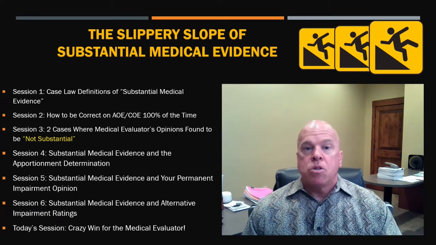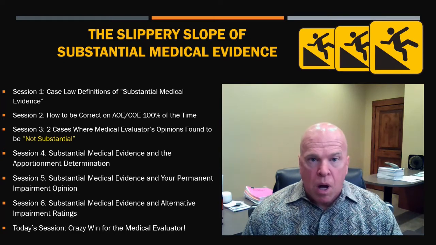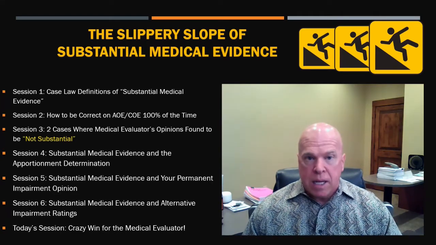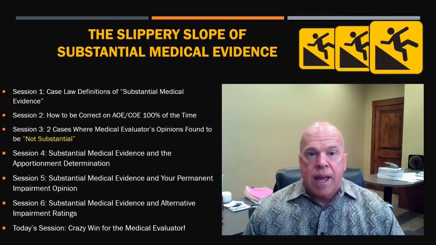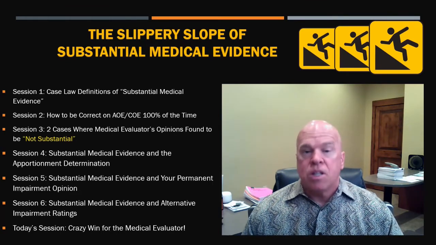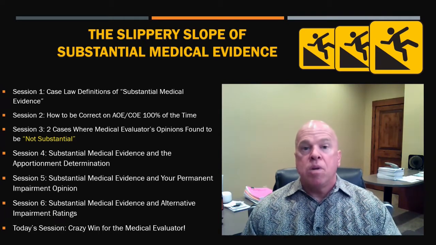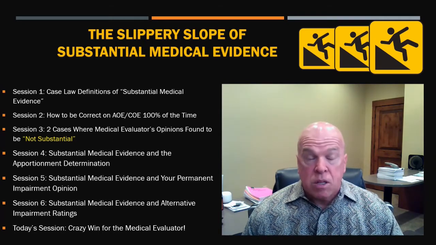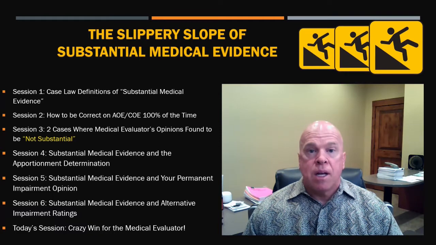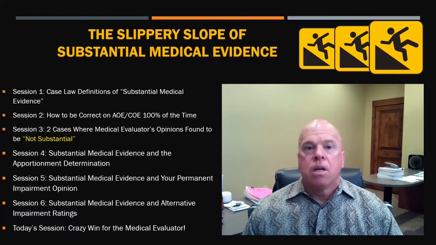So number 1, substantial opinions are based upon reasonable medical probability. Number 2, they explain how and why reasoning in support of the opinion or conclusion. Number 3, substantial opinions are based on an adequate history. They're based on an adequate examination.